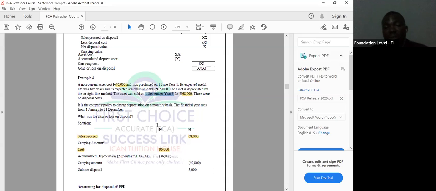Year one, June to December is 7 months. Year two, January to December is 12 months. Year three is January to August, that's 8 months. So 7 plus 12 plus 8 gives us 27 months. And what is the allocated depreciation for each month? It is 1,000 and what?